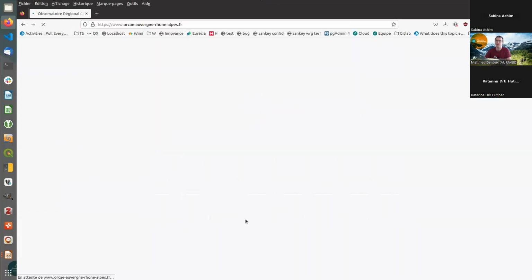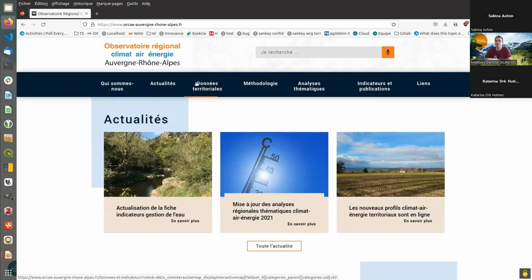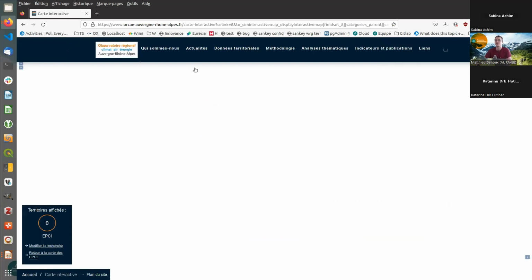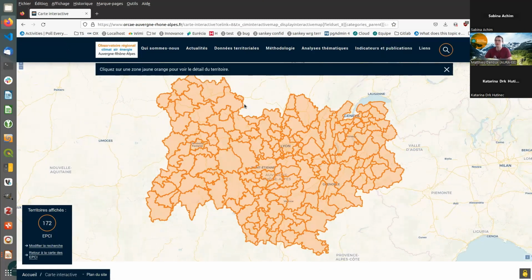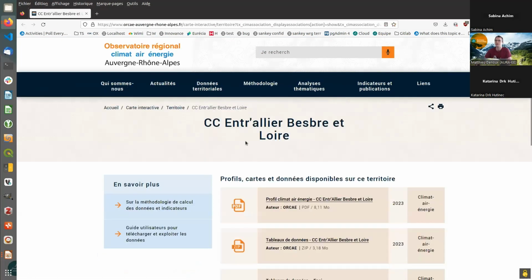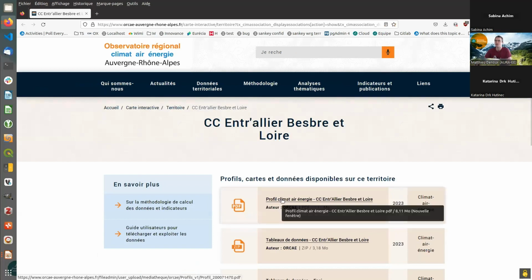So if I go to the regional observatory, sorry, it's in French, but you have a map of the region, and each territory can click on itself, and they will have access to what is called a profile.